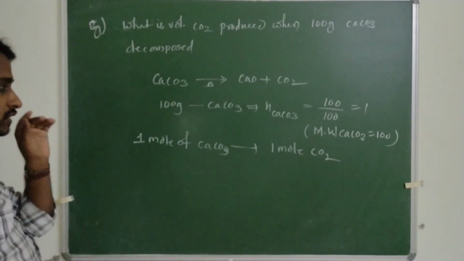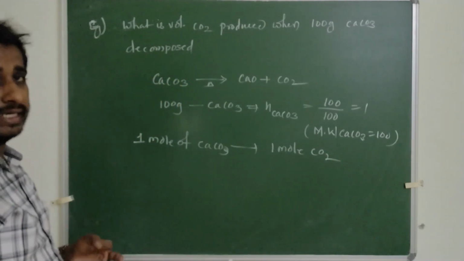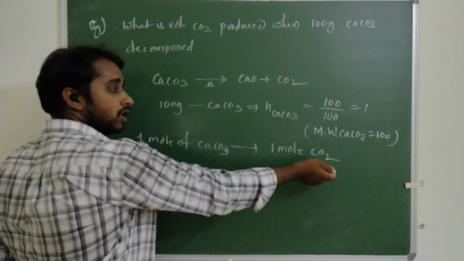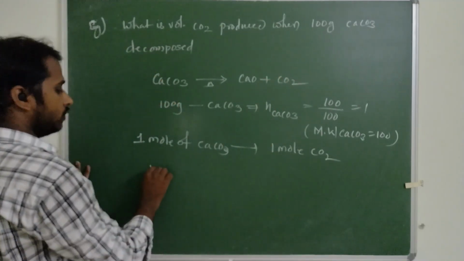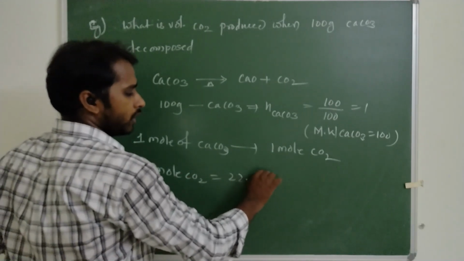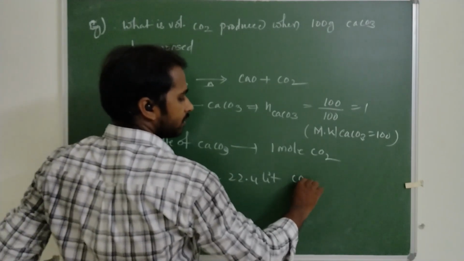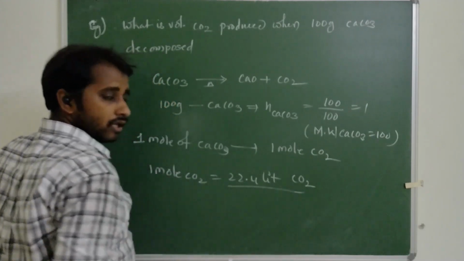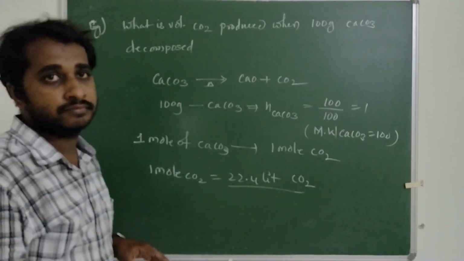So 1 mole means what? 22.4 liters. Here 1 mole of CO2 is nothing but 22.4 liters of carbon dioxide. That is our required answer.